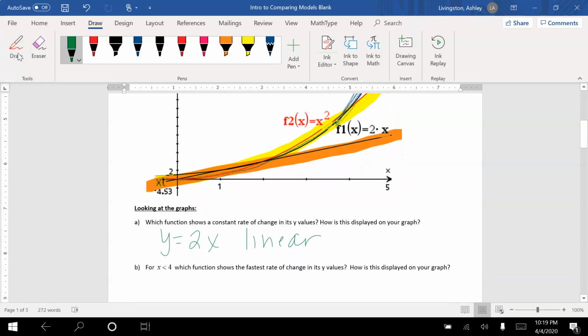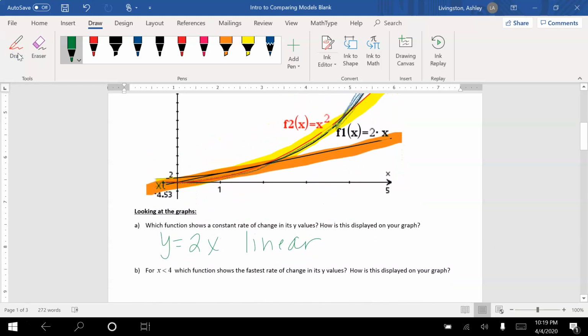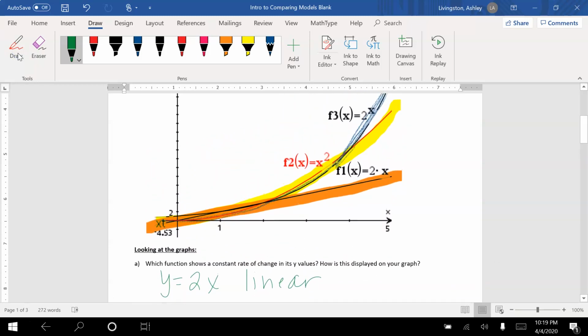Right, the next question says here, for x less than 4. Okay, so that we're looking at this spot here. This is 4. So for x values that are less than 4, which function shows the fastest rate of change in its y values?